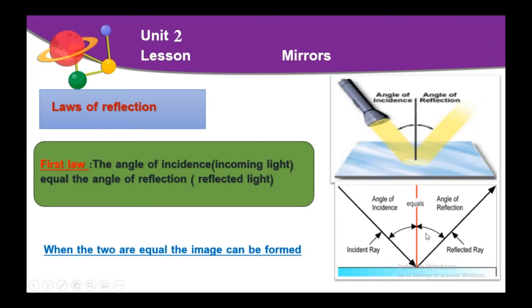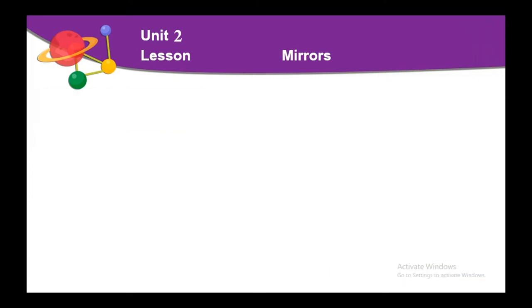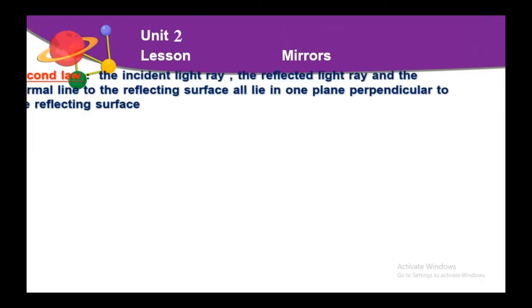Second law, we will talk about it. Before knowing the second law, we must know one note. When the two are equal, the image can be formed. When the angle of incidence equals the angle of reflection, it will form an image. This means that the light is reflected regularly. Yes. What is the second law of reflection?